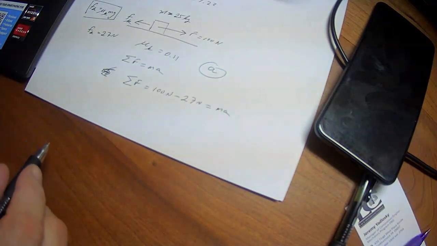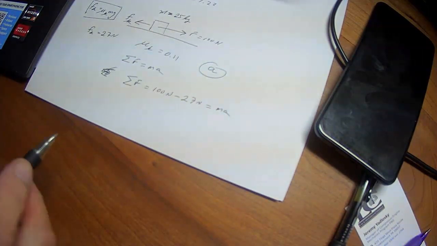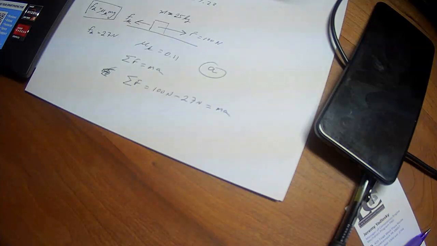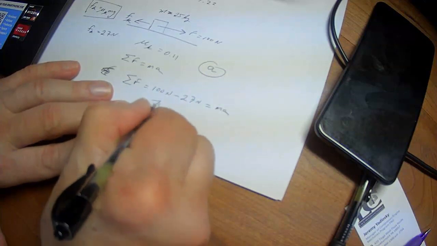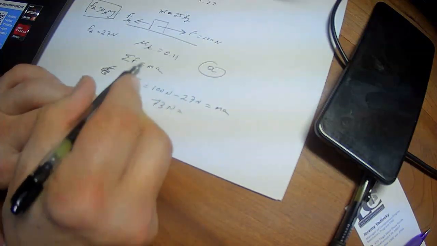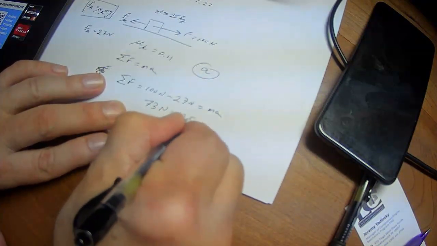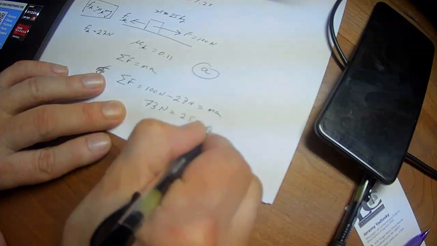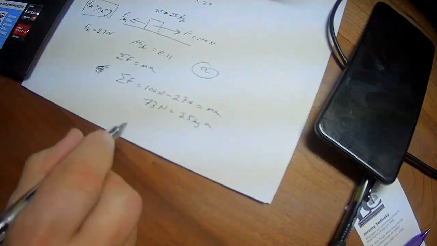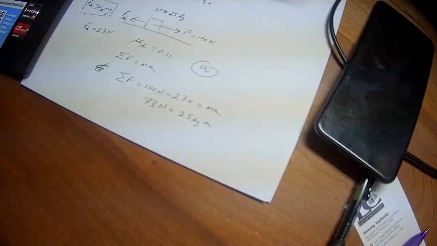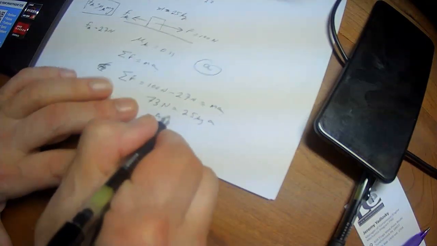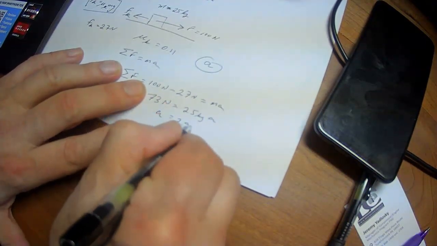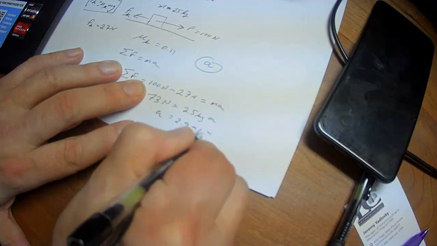So 100 minus 27 is what, 73? So 73 newtons is equal to the mass, 25 kgs, times the acceleration. So solving for acceleration, 73 divided by 25, and that's 2.9. So the acceleration is 2.9 meters per second squared.